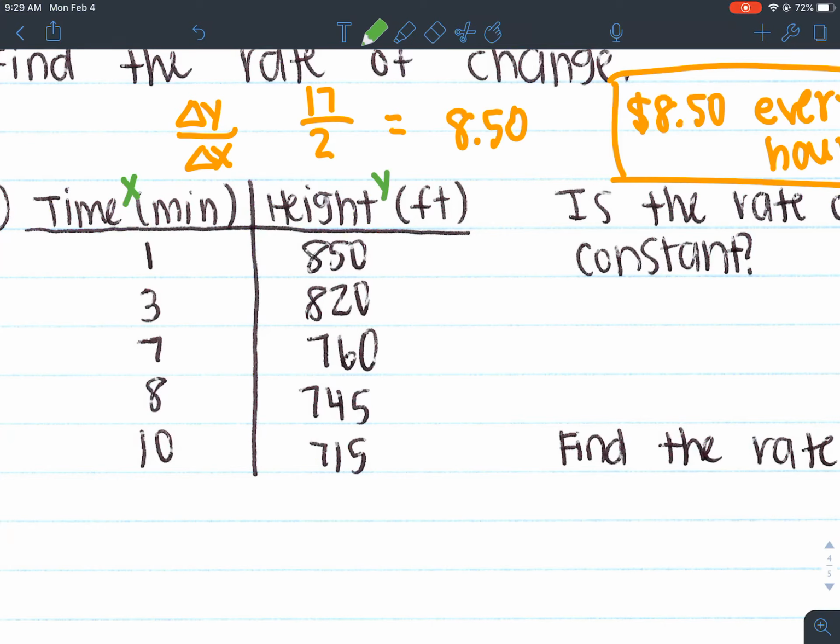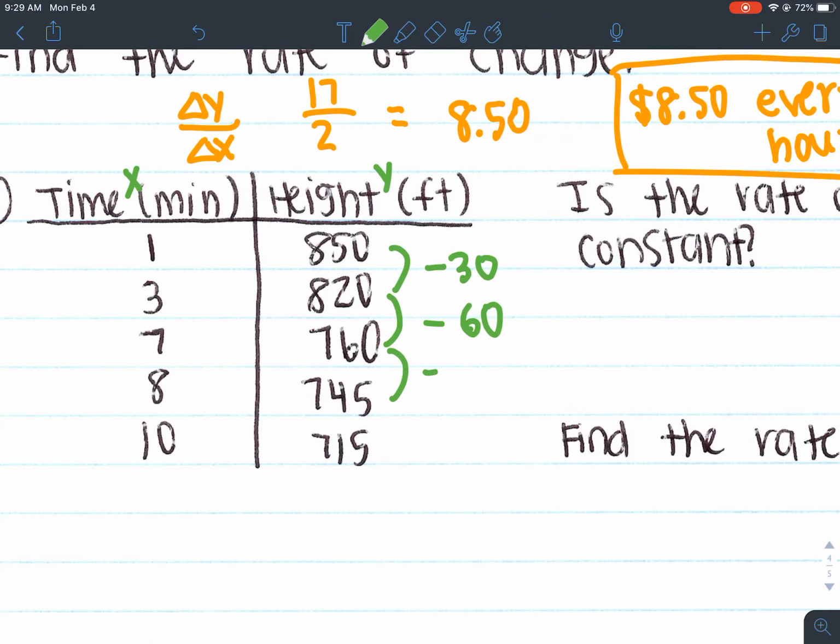So let's look at our y's first. Our change here. Well, from 850 to 820, we did minus 30. From 820 to 760, we did minus 60. From 760 to 745, we did minus 15. From 745 to 715 is minus 30. So already we're like, what is going on?